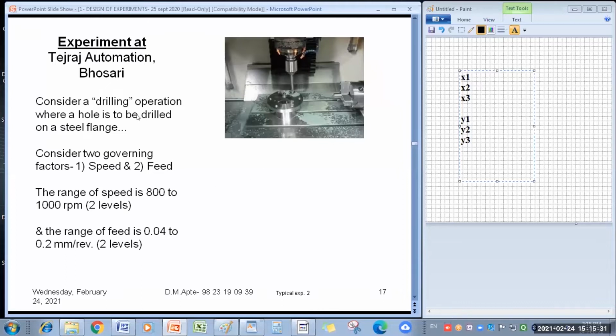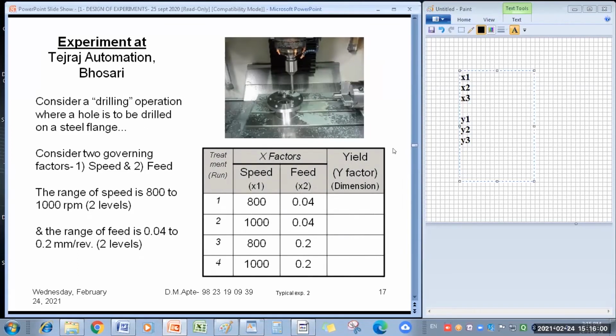Now, for a drilling operation, I am going to consider two governing, controllable factors. One is speed, another is feed. I am putting a range of speed, 800 to 1000. Only two levels I am considering, 800 and 1000. Now, let's make one table.